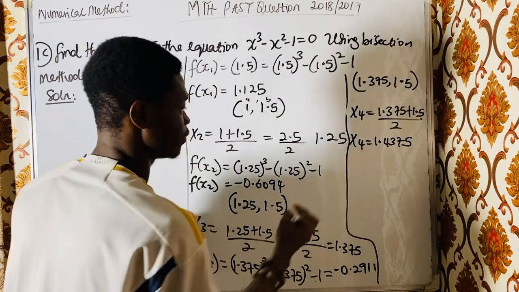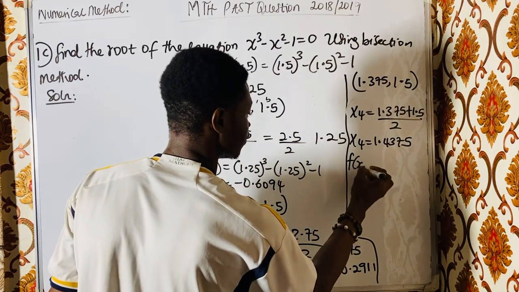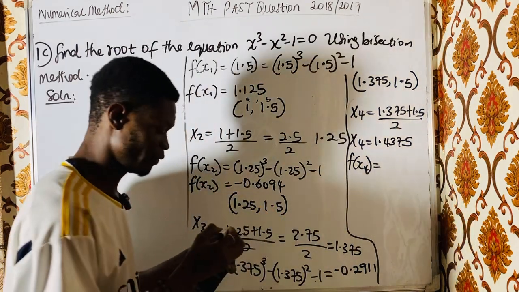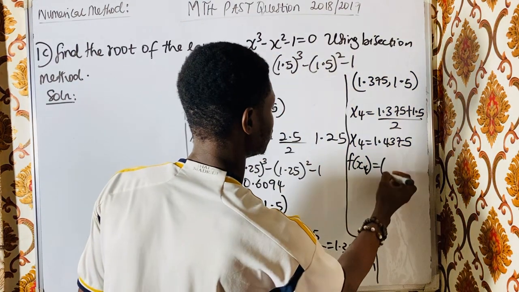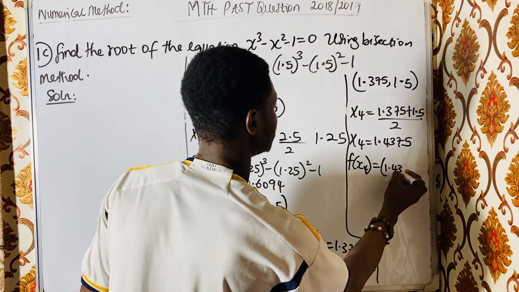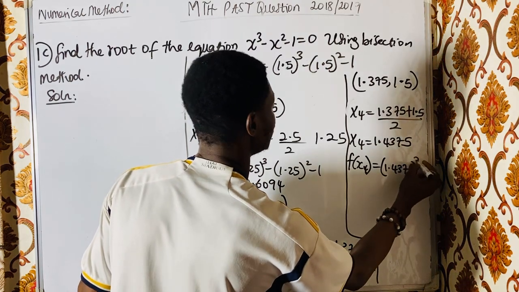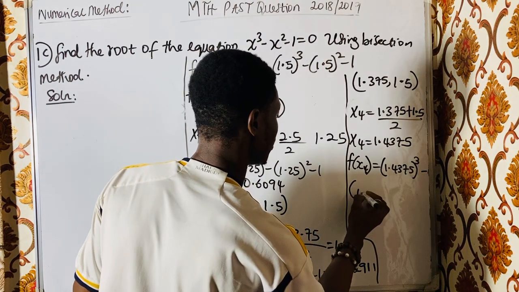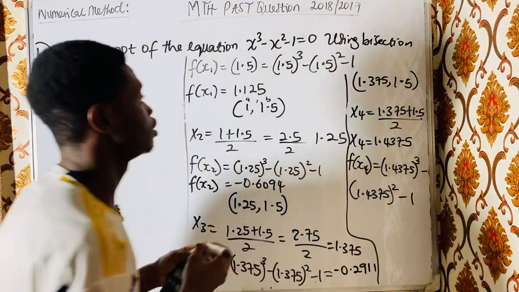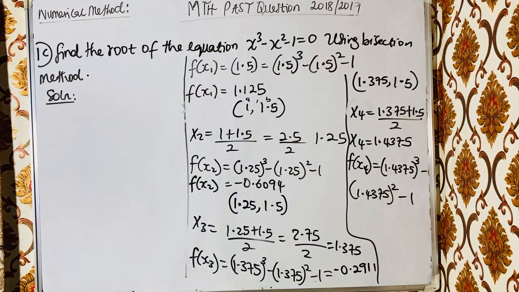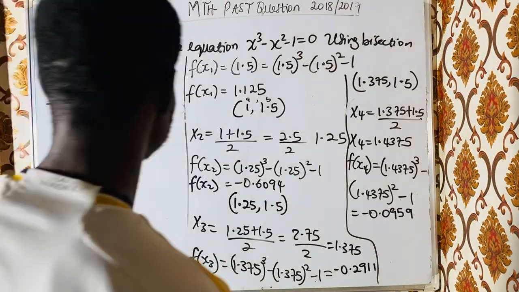Then f of x4 is 1.4375 cubed minus 1.4375 squared minus 1. If you do it well, this is what you get.